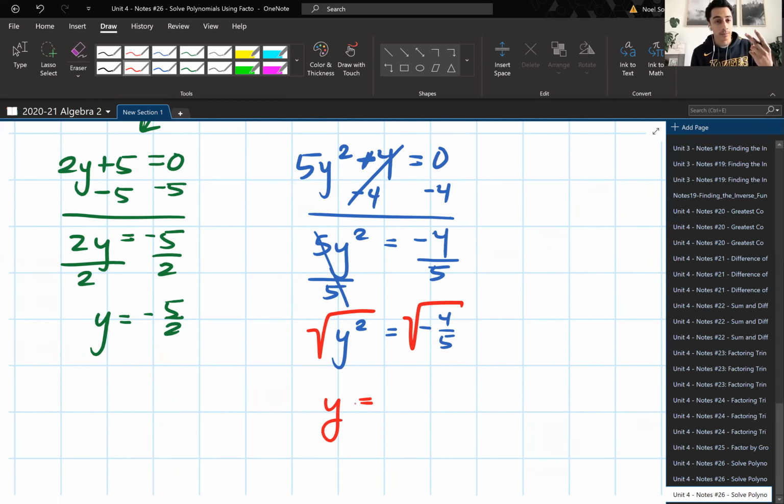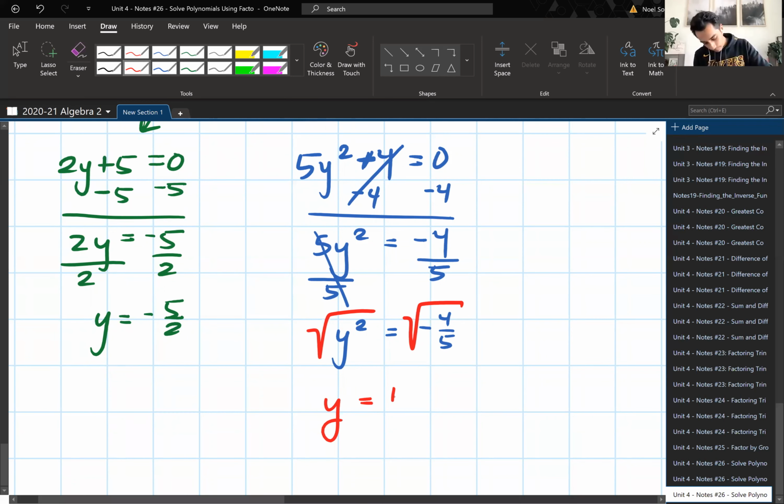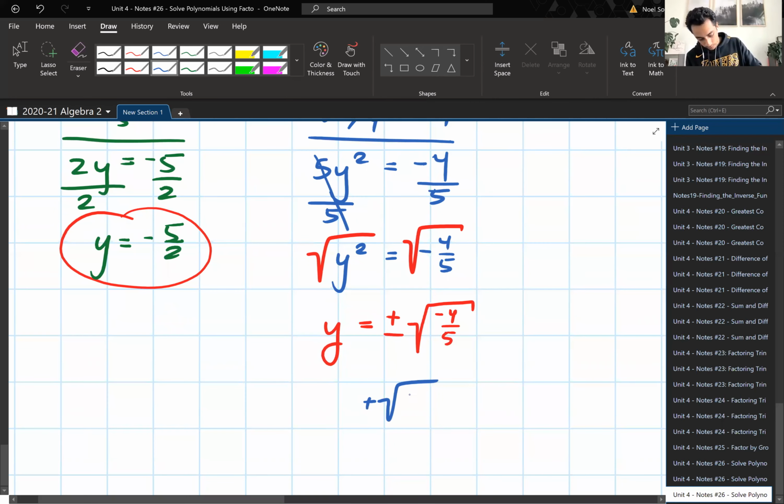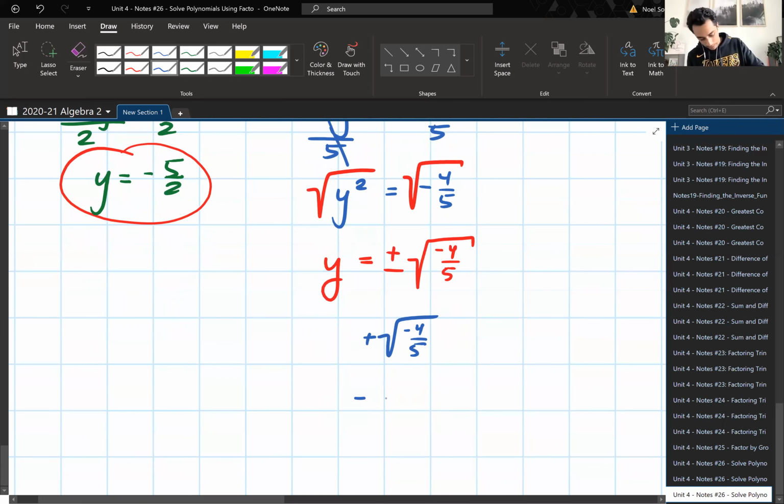So it's the plus or minus of the square root of negative 4 over 5. Okay, so look, I technically have my 3 roots. Here's one. Positive square root of negative 4 over 5 is another root. And negative square root of negative 4 over 5 is another root. So here's 1, here's 2, here's 3.